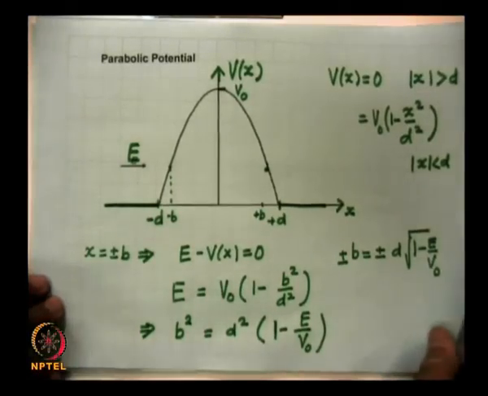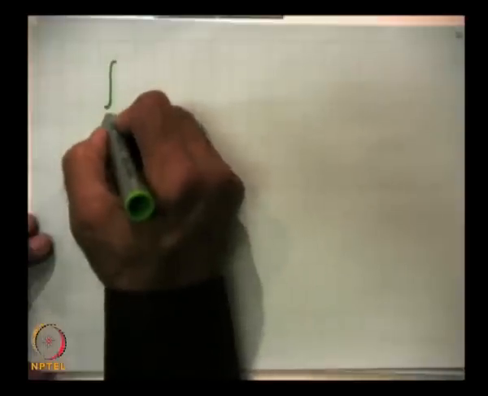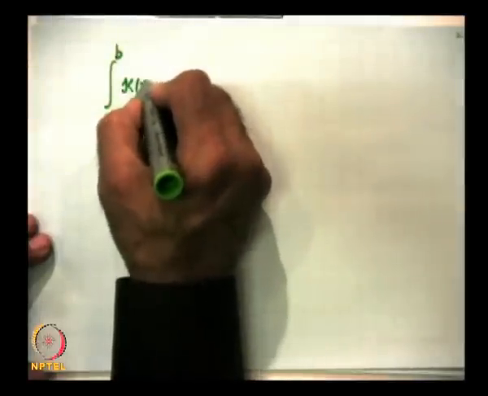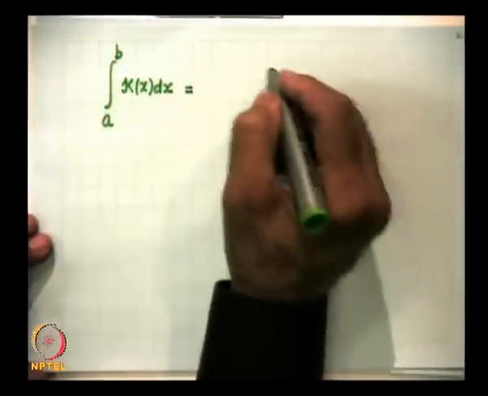So, let me calculate the tunneling probability. First of all, we will calculate the integral from one turning point to the other of kappa of x. This is the first example that we are considering.